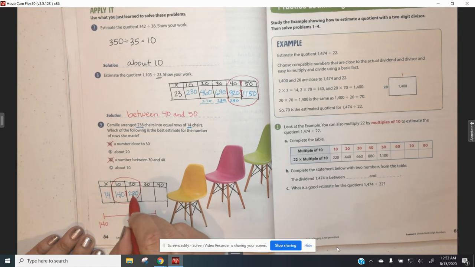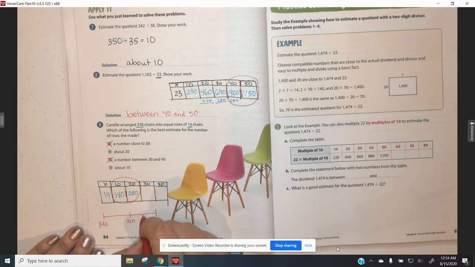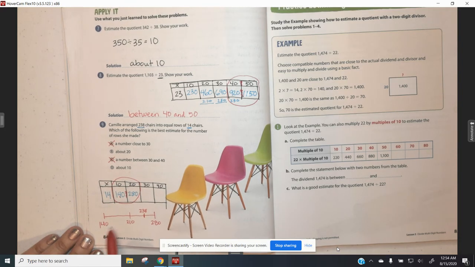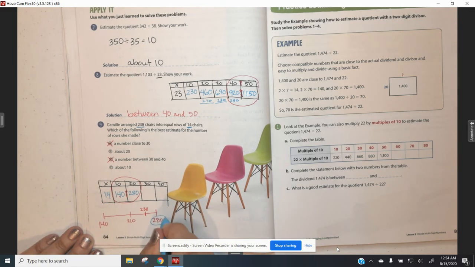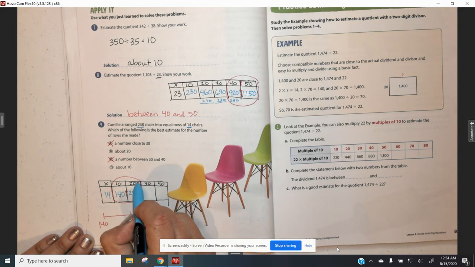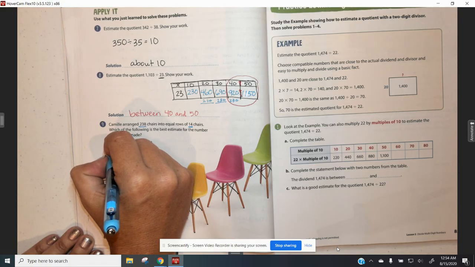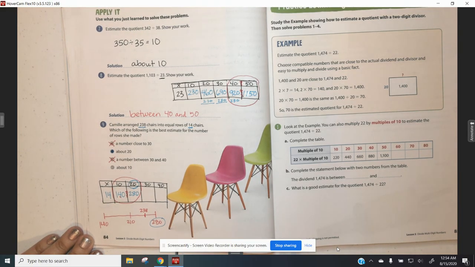And so 238 is close to 240, and so that's going to be somewhere about right here. So is 238 closer to 280 or is it closer to 140? That's right, it's closer to 280. So if it's closer to 280, that means it's closer to 20. So our answer is B, about 20.